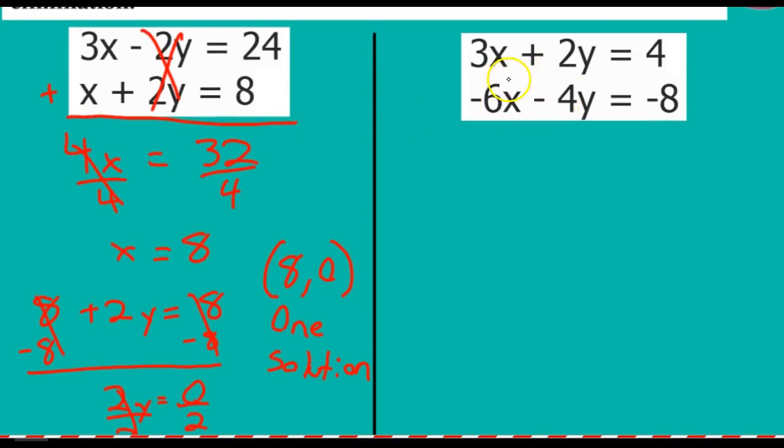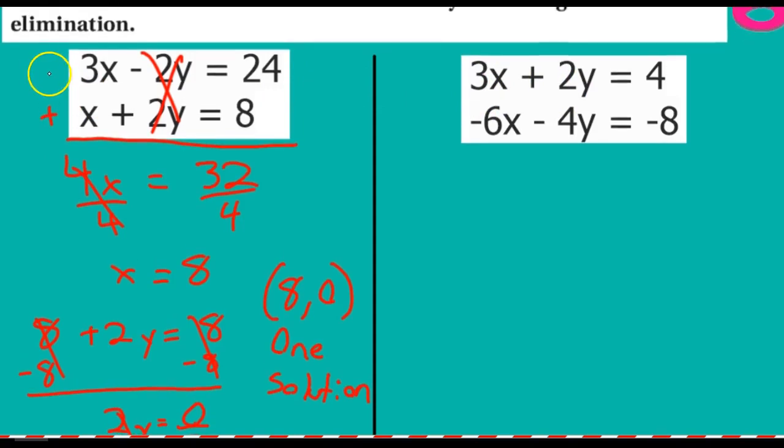Second problem has 3x plus 2y equals 4, and negative 6x minus 4y equals negative 8. Sorry.